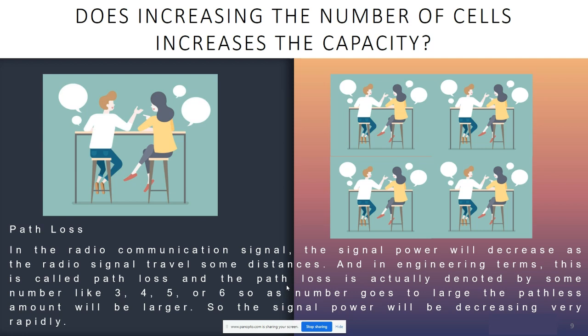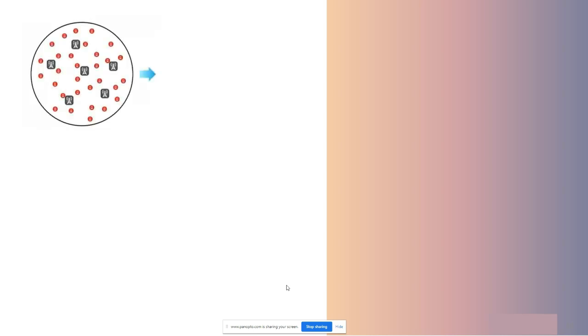But the question here is, if we increase the base stations 10 times, or some larger number of base stations are installed, will the capacity still be increasing? That is actually our fundamental question in this slide.